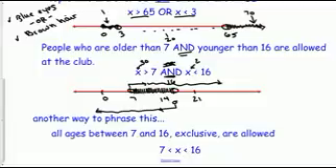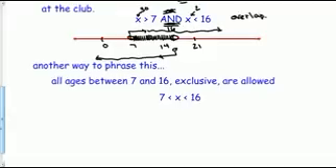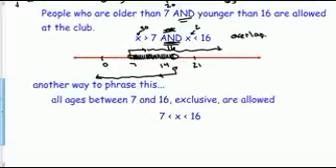So this idea of and means that they have to both be true, or in other words, where they overlap, where they are connected. That is where my solutions are. Another way to phrase this, notice, is if your two inequalities are pointing in opposite directions and we're finding their overlap, we essentially end up with all the values that are between two different endpoints.